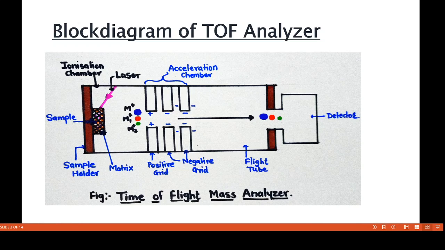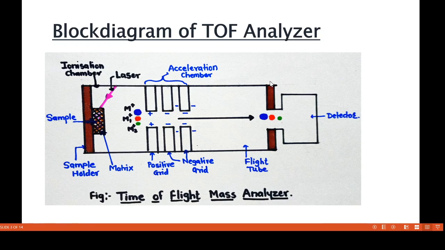So here this green M2+ ion is a lighter ion, so it will strike the detector first, then this red one, and then last the blue, that is the M+ ion, reaches the detector.